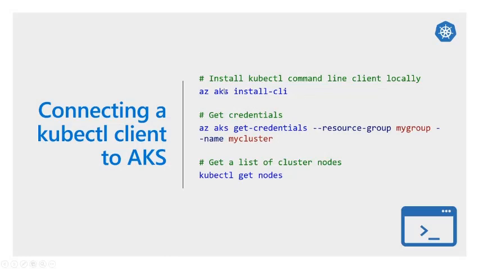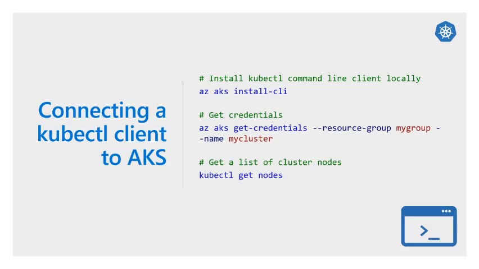Then we need to get the credentials for the cluster we just created, and then we get a list of cluster nodes in this cluster: kubectl get nodes. Sorry, cluster nodes, the total list of nodes.